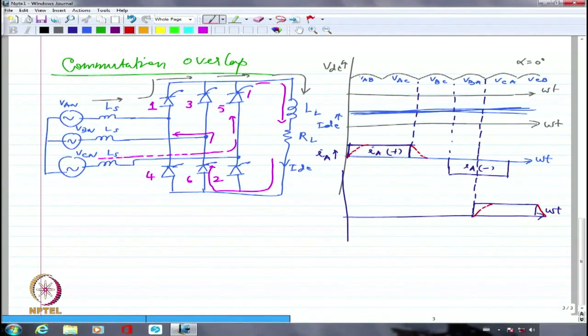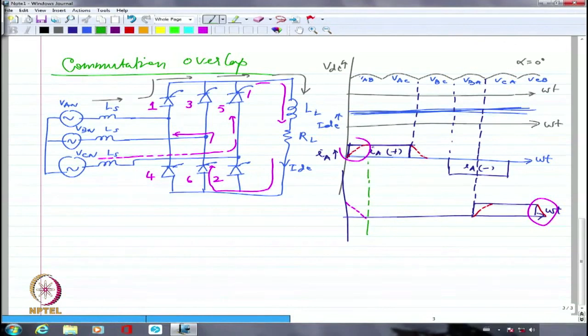Now if I superpose this particular portion with this particular portion, because please understand, 5's falling current will coincide with 1's increasing current. You get my point? Both of them are happening simultaneously. When 5's current is falling, 1's current is increasing. So I should show it here as though 5's current is falling like this, when 1's current is increasing here.